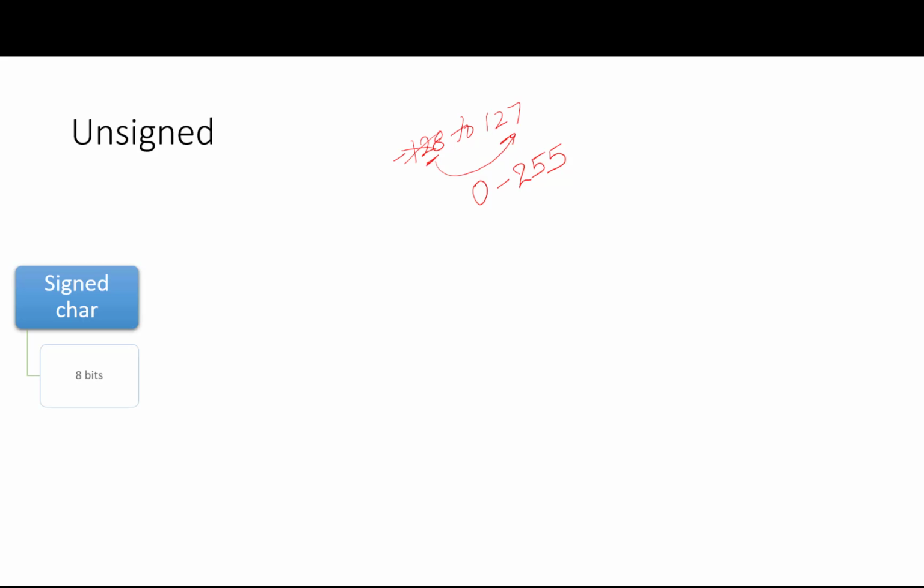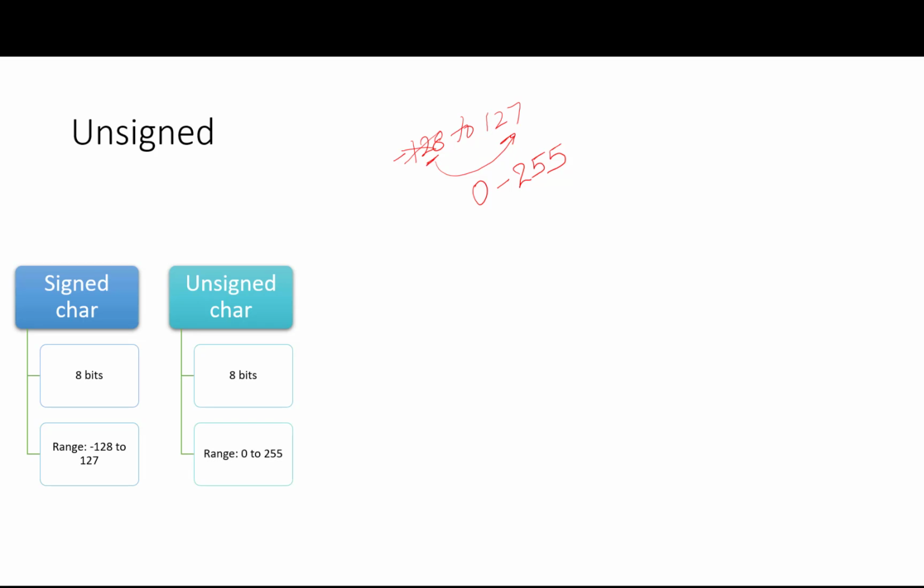So for signed character, the size is 8 bits and the range is -128 to 127. For unsigned, the size will remain the same, but the range will double, from 0 to 255. You can see there is no negative value here.